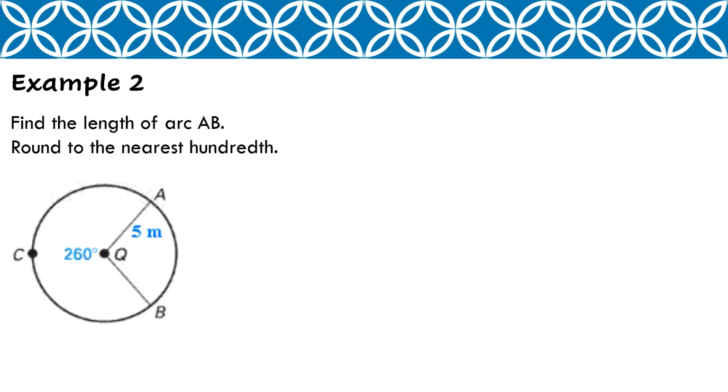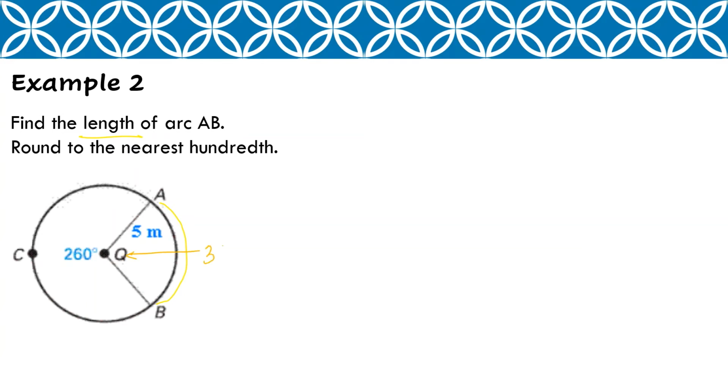Example 2. Find the length of arc AB. That's this arc. Otherwise, we would have been asked about the length of arc ACB. I need the measure of this central angle.